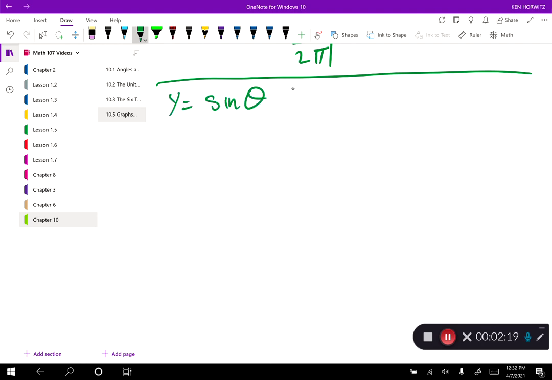So let's start with y equals sine theta. Any value for theta on the unit circle in radians you can use. You can use 0, pi over 6, pi over 4, pi over 3, pi over 2, any of those values. If you want to explore some of those values, you are certainly welcome to.